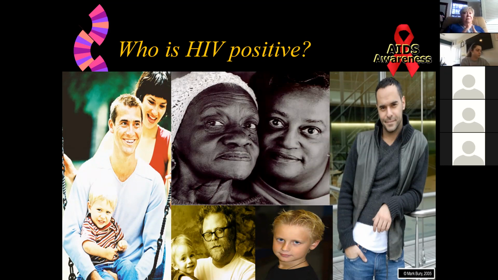Therefore, and this is very important, you do not treat any patient different than the next patient. Every patient is as if they have AIDS. So whether you have that diagnosis on a piece of paper or not, you treat every patient the same.